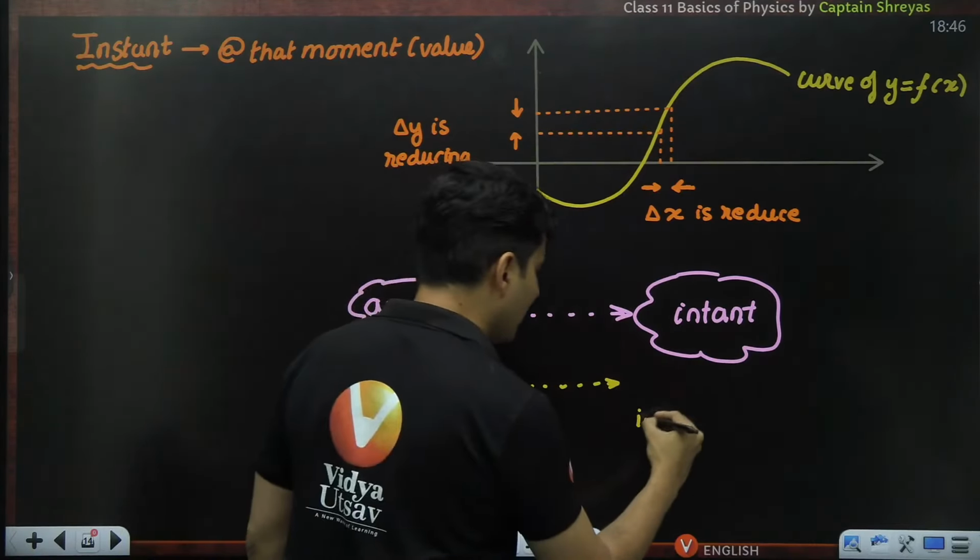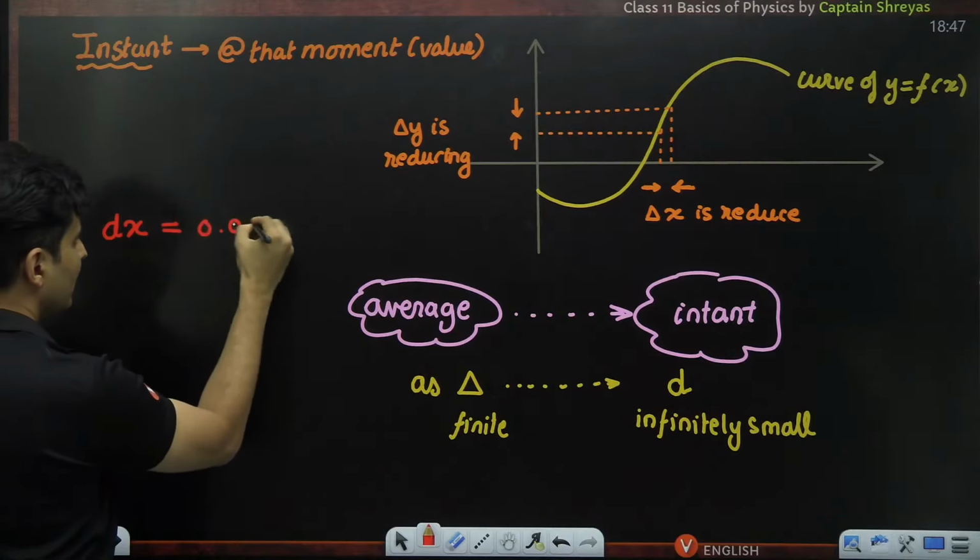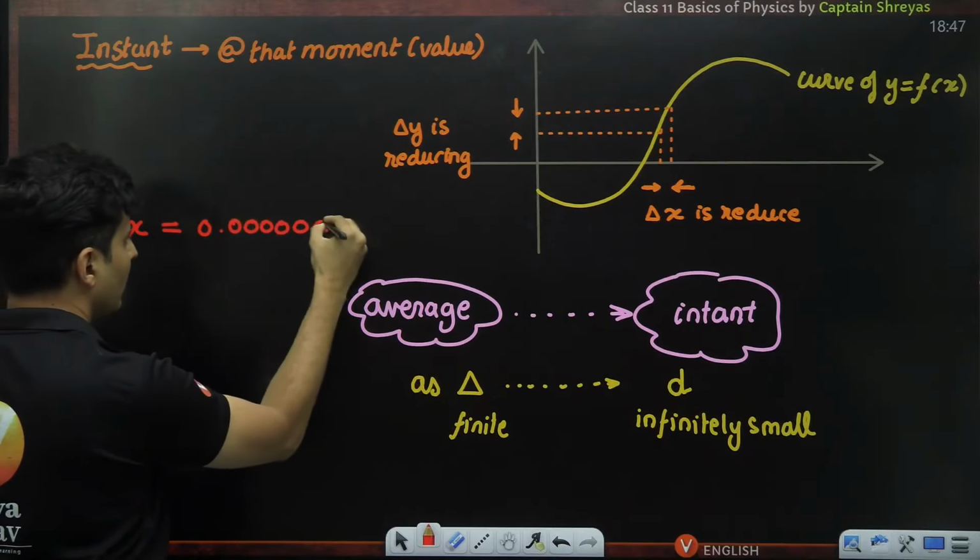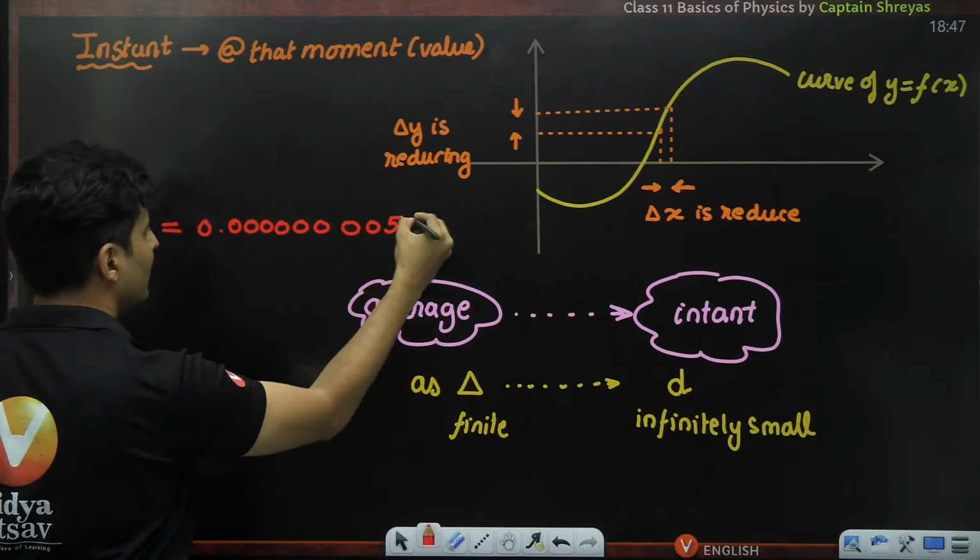Now understand the difference. Delta has a number, has a value, can be measured, but d can't be measured. For example, I can never ever say dx, small change in x, is 0.00000053.